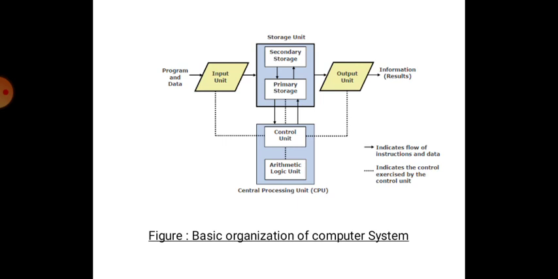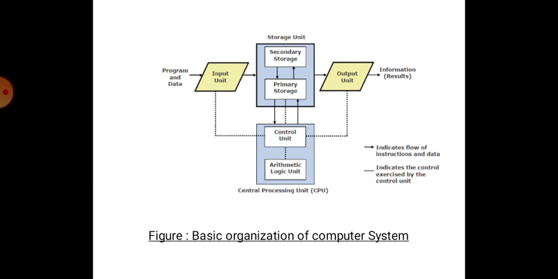Now, the input unit gets the feeding of program and data, and passes it on to the storage unit. These instructions and data are stored in the storage unit and they are called in the central processing unit for performing various calculations.